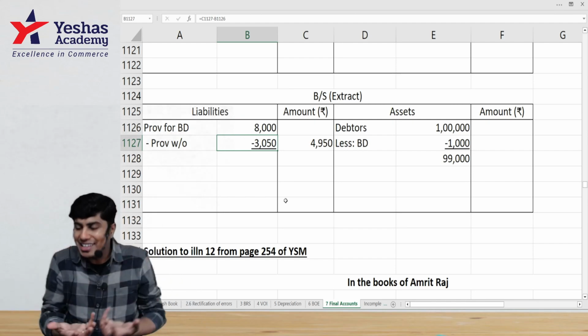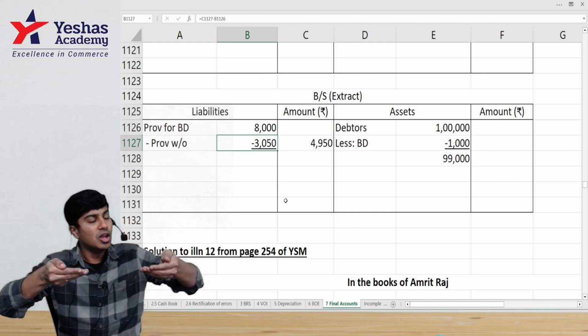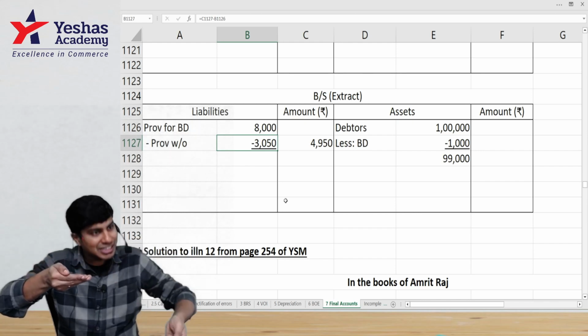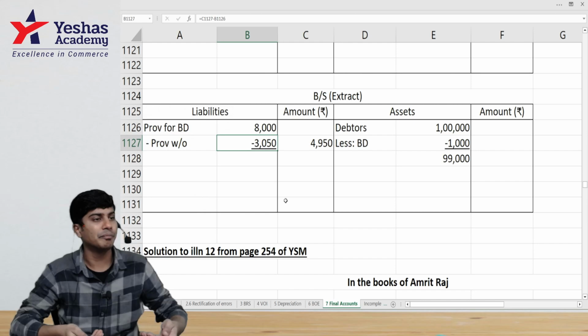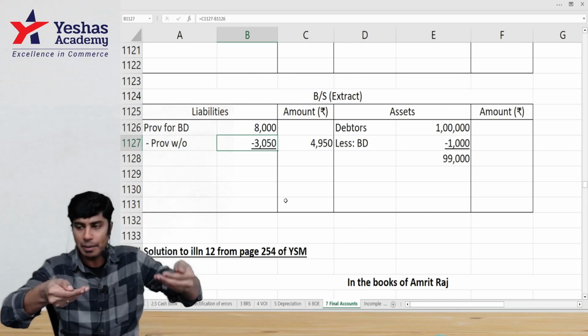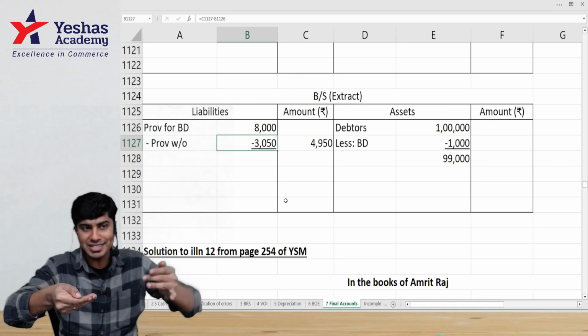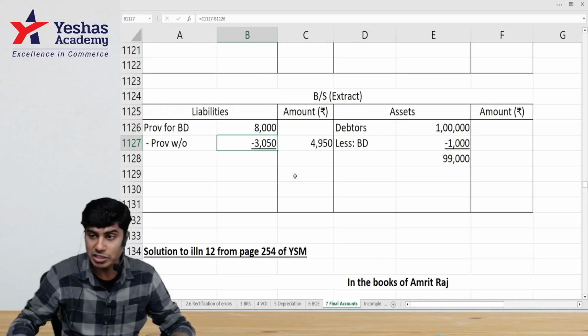Provision, when you create it, it is an expense. Once you create it, it's a liability. When you write it off, it is a reduction in liability, resulting in income or reversal of expense.